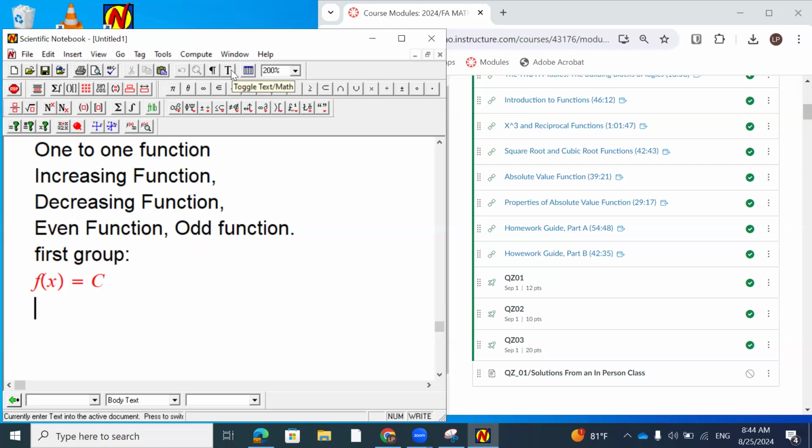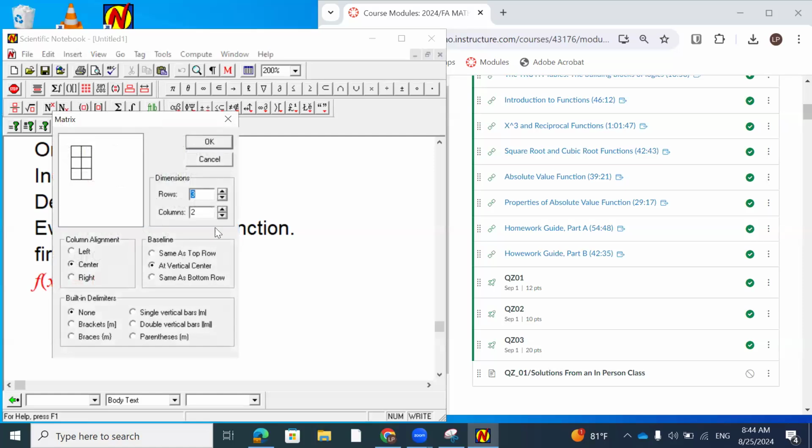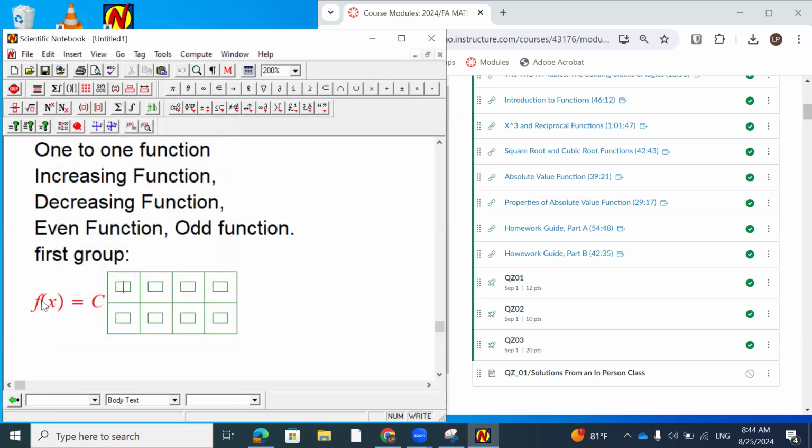And the second function we're going to study, let me use a little table. Okay, there we go. So our first function is this rule.